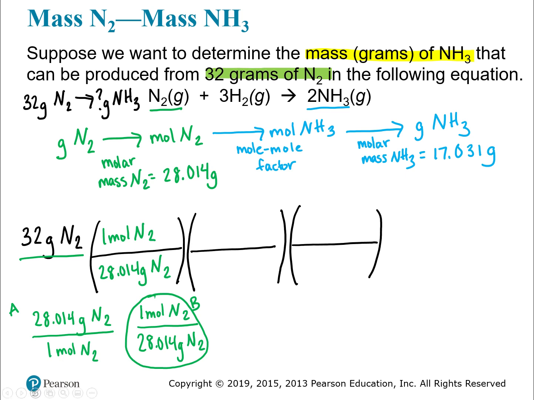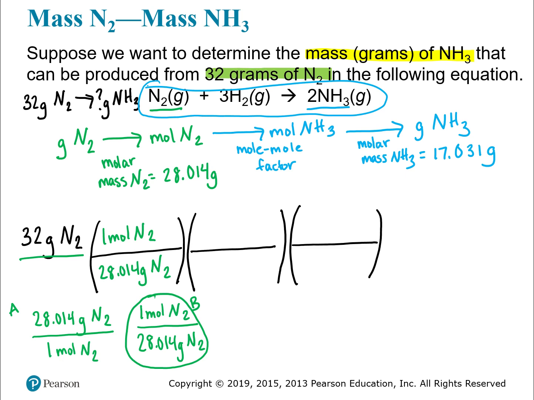So that's the first part. Now we need to write a mole-mole factor that's going to take the moles of nitrogen and convert that to moles of ammonia. If we want the moles of nitrogen to cancel, the moles of nitrogen need to go on the bottom. And this is where we go to our equation, the chemical equation. How many moles of nitrogen gas do you see in the equation up here?